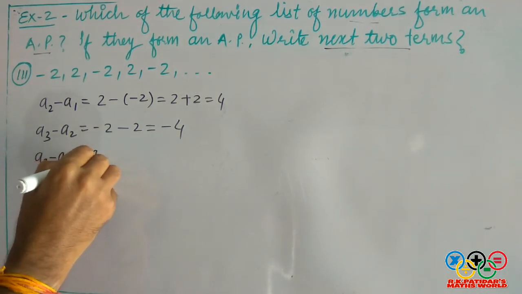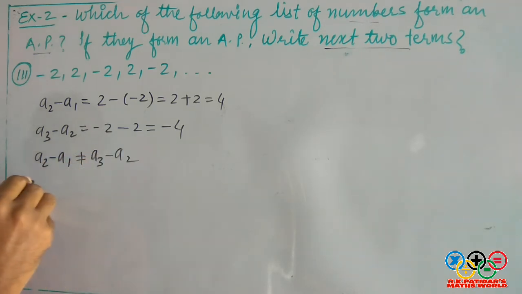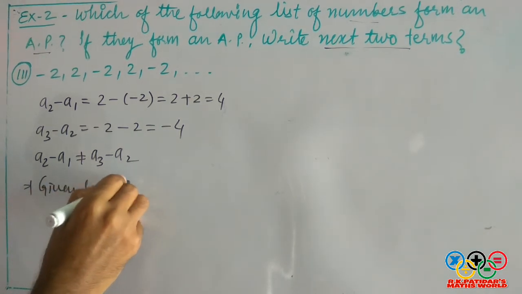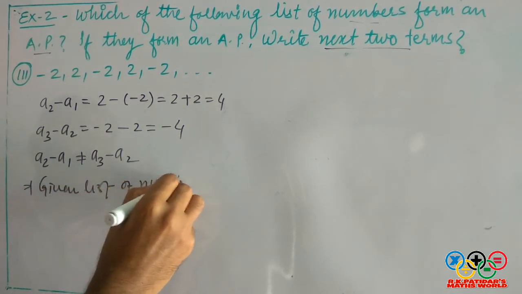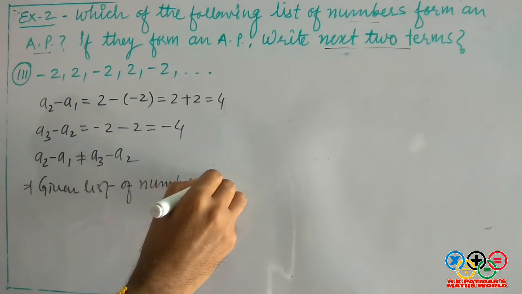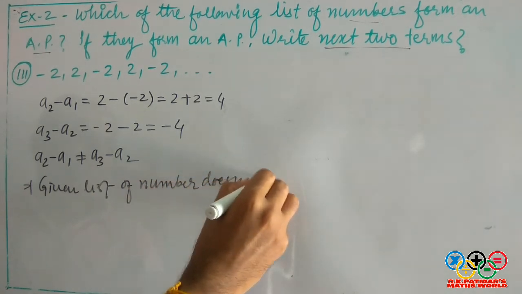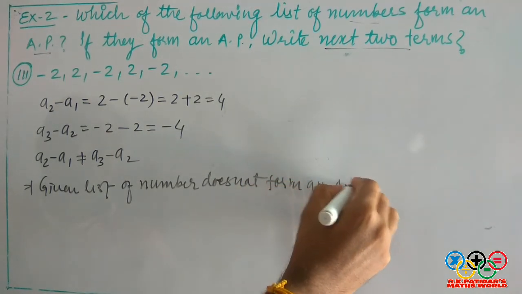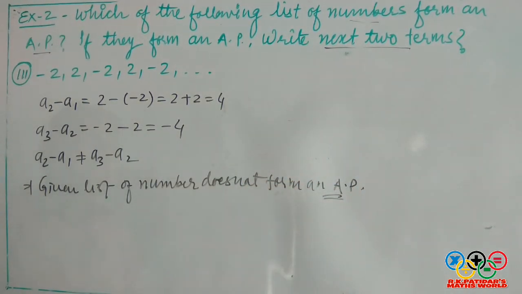Means A2 minus A1 is not equal to A3 minus A2. So the given list of numbers does not form an AP. Same type of questions you will have in exercise 5.1.